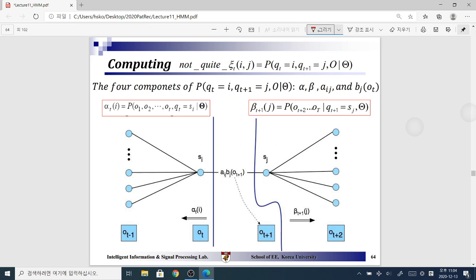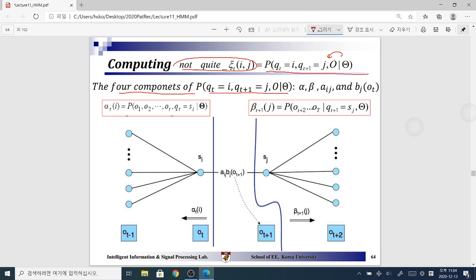Now, with that not quite psi t of ij, which once again moves the observation sequence to be part of the joint variable, it is going to have essentially 4 components to describe it.